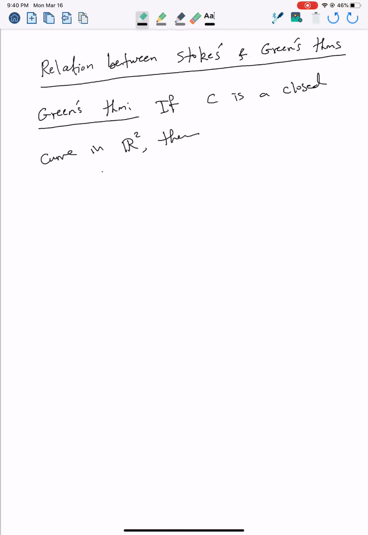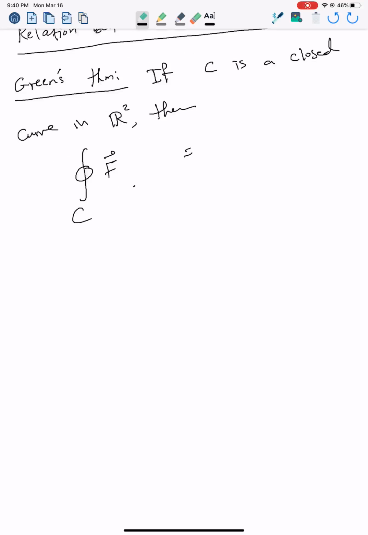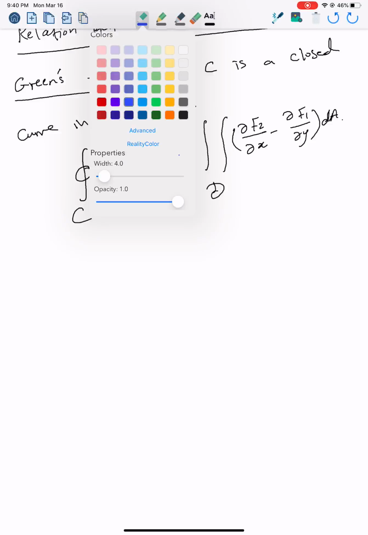Then the curve integral of f dot dr is the double integral over D of df2 by dx minus df1 by dy dA. Remember, so this is exactly what we have.